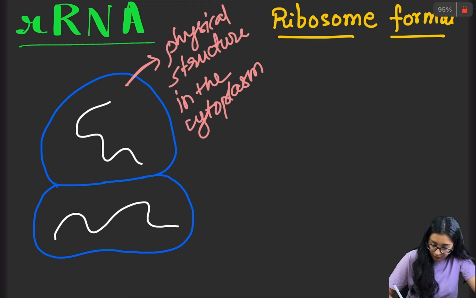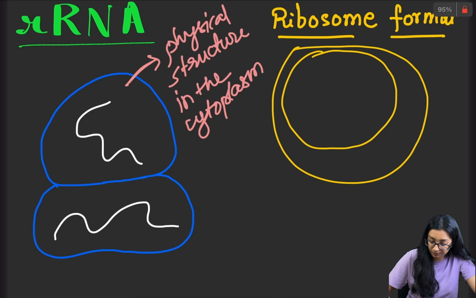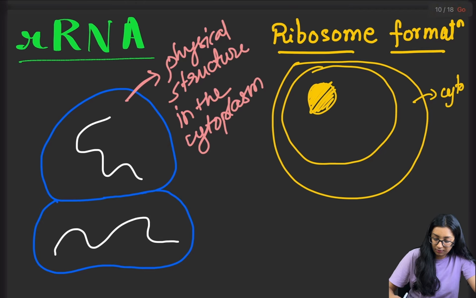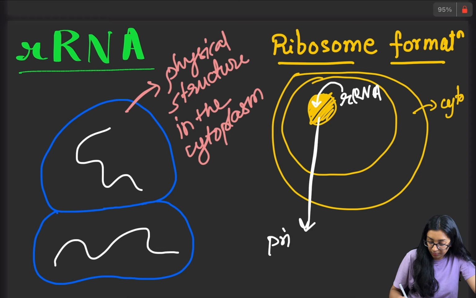So let's say this is the nucleus and this is the cell. Here is the nucleolus. First rRNA is made, which will be taken inside the nucleolus. Here they will form primordial subunits.